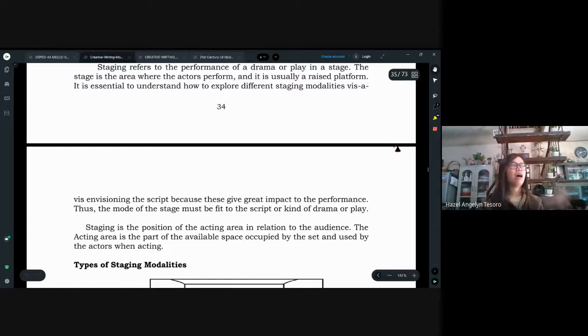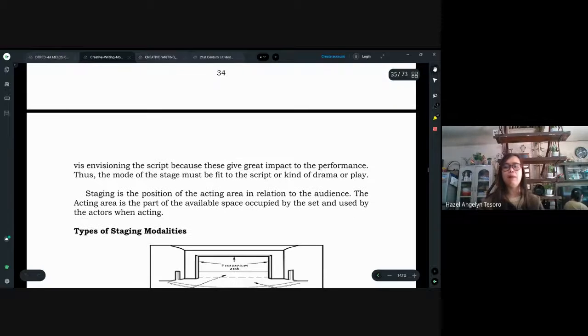Kailangan nakabalanse yung script dun sa gusto mo na makita ng audience on stage because this gives great impact to the performance. Thus, the mode of the stage must fit the script or kind of drama or play. Kaya tayo may iba't ibang types of stages is because that would be appropriate to different types of scripts.